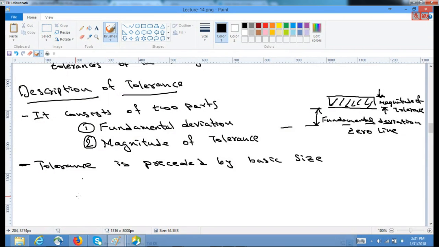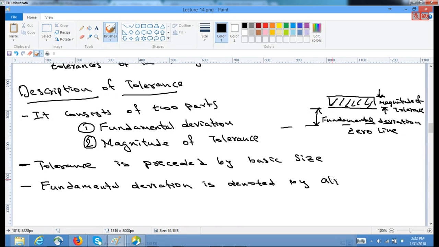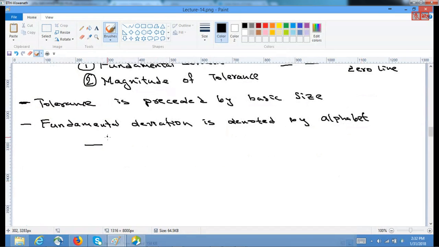Further, fundamental deviation is denoted by alphabet, such that uppercase letters are for the holes and lowercase for the shafts.